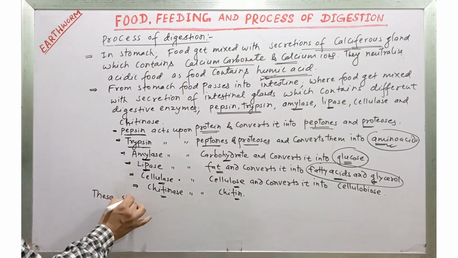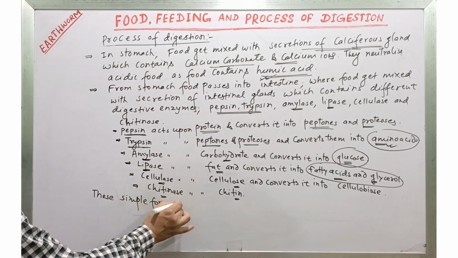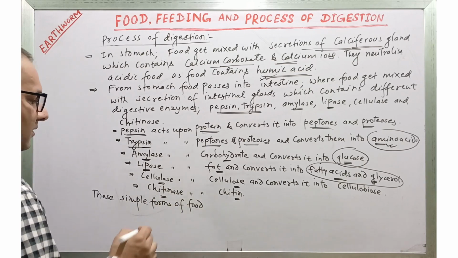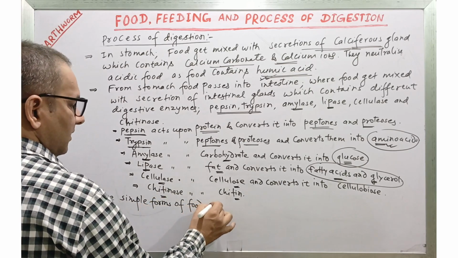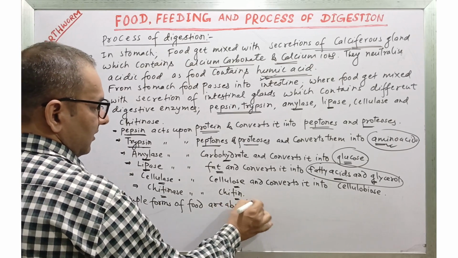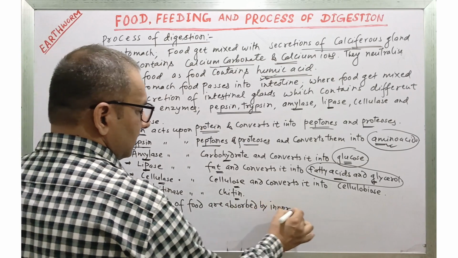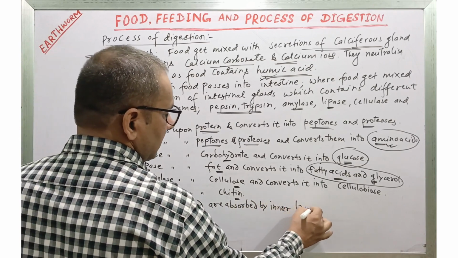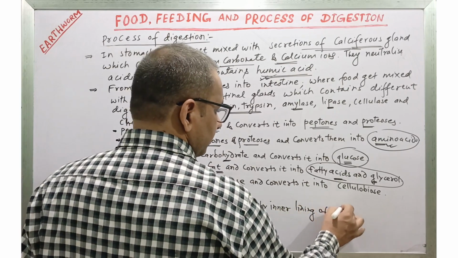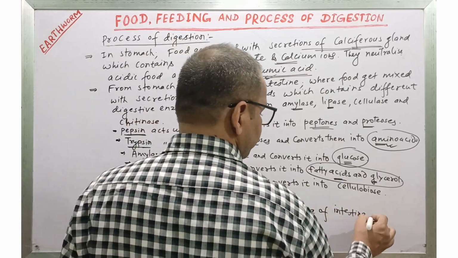These simple forms of food are absorbed by the inner lining of the intestine.